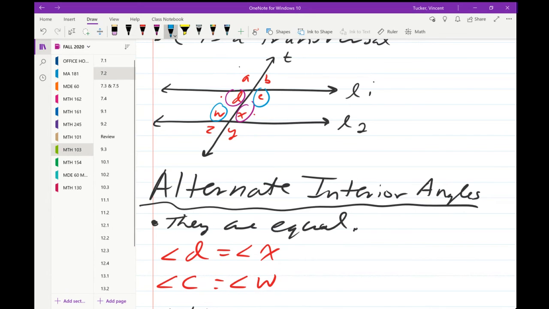They're on the inside of your parallel lines. So once again, it's in the wording, alternate, which means alternate sides of your transversal, and then interior, which is the inside of your parallel lines. The outside is where A, B, Z, and Y are located.